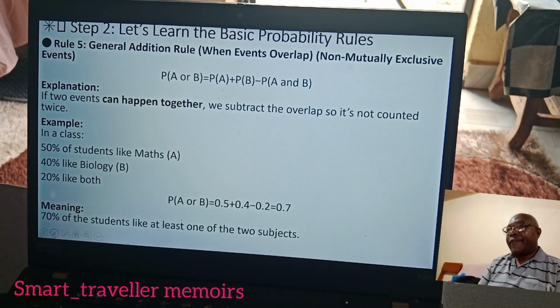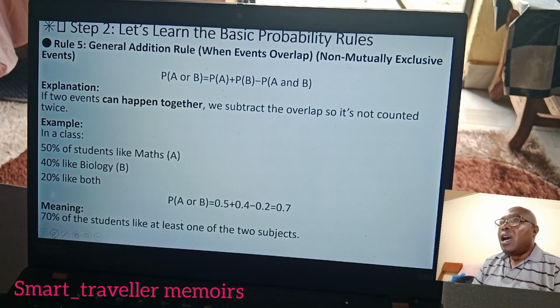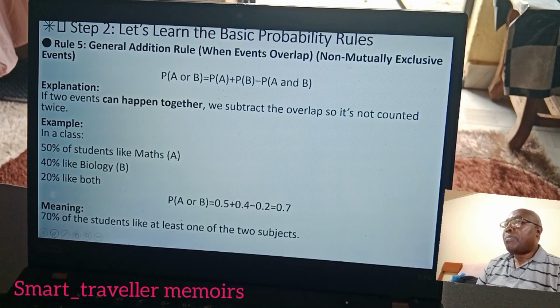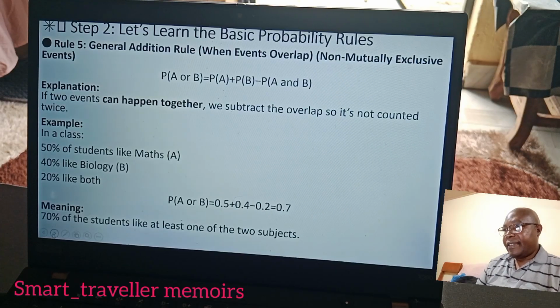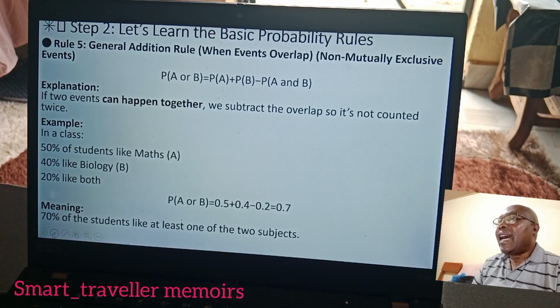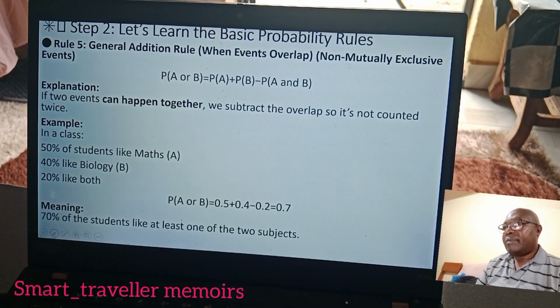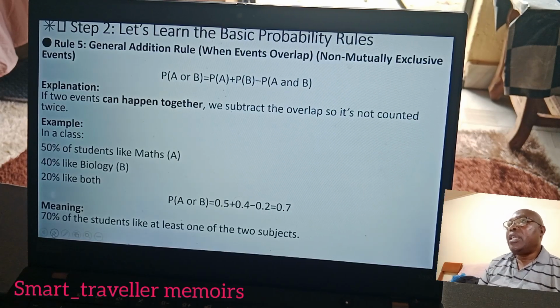Rule number 5, general addition rule. When events overlap, or non-mutually exclusive events, the probability of A or B is equal to the probability of A plus the probability of B minus the probability of A and B. That is what is common in A and B, you subtract.